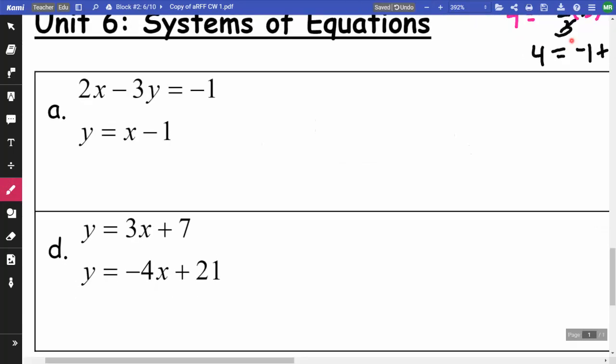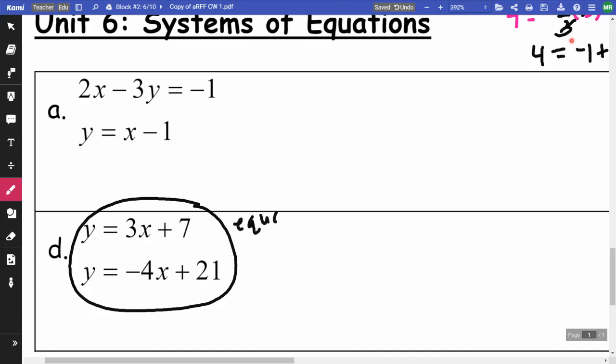Okay, so this is systems, solving systems. So there's 3 different methods besides graphing that we basically used. Equal values. Equal values I would use on letter D. I would do equal values. Substitution.